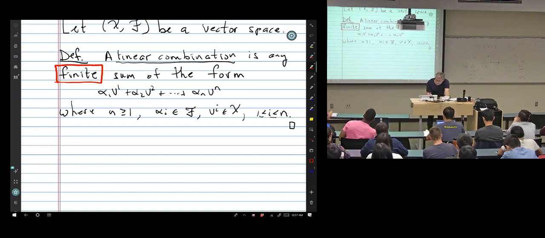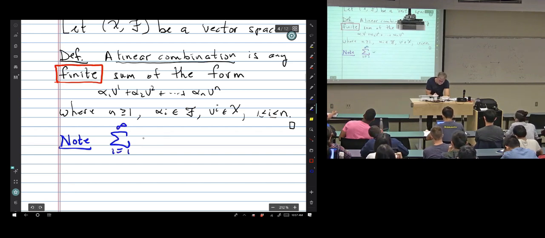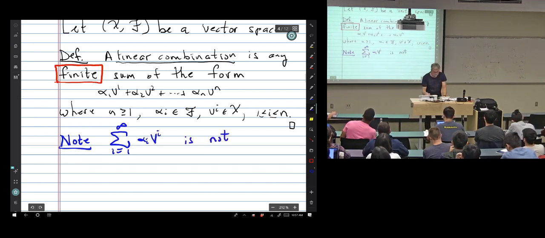Okay. So you guys are used to looking at Taylor expansions, for example. So you like infinite sums, okay? This is not a linear combination.